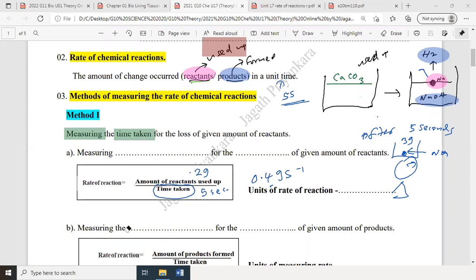Calcium carbonate reacted with HCl, then carbon dioxide is coming out. Then you put a piece of calcium carbonate, and after maybe 5 seconds you take the calcium carbonate again and check the weight. I'm giving examples, but they can give any example like this in the exam.